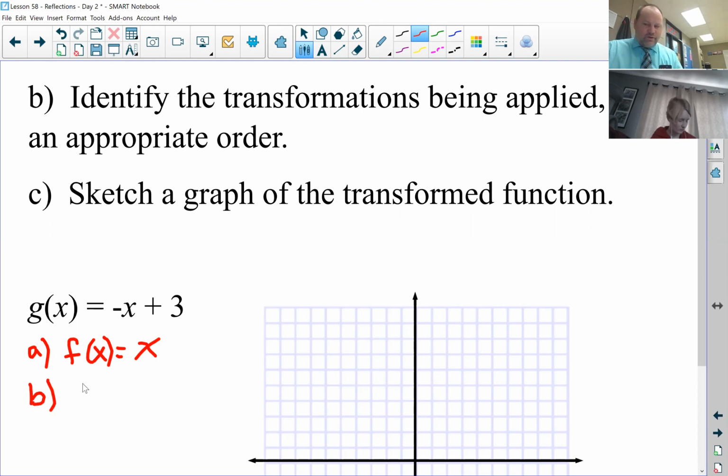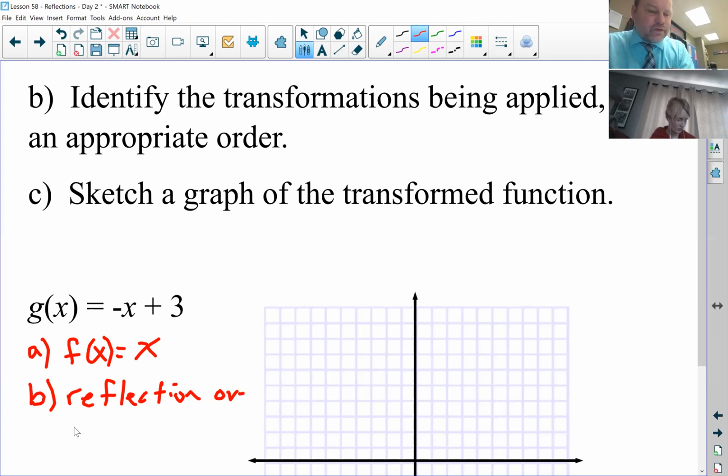So if I think about the transformations, one way to think about this is first I take the opposite of x, so it is reflected over the y-axis.